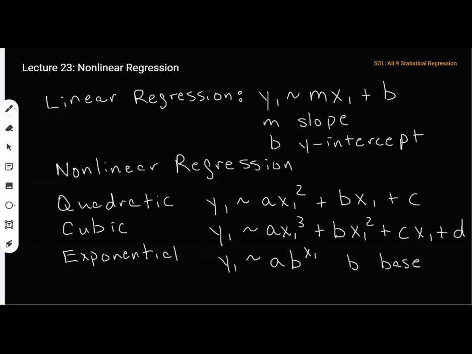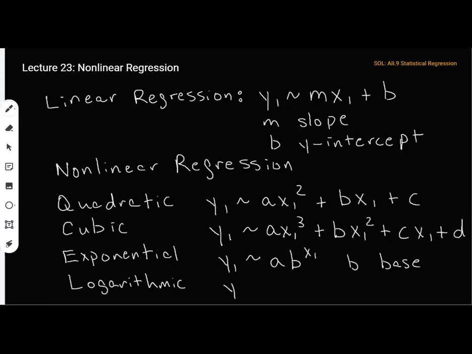The base is the most important number because that's the number that we're going to be raising to the x power. So that's called the exponential function. And then the inverse of exponential is logarithmic, as you probably know. We're going to be taking a look at that today.